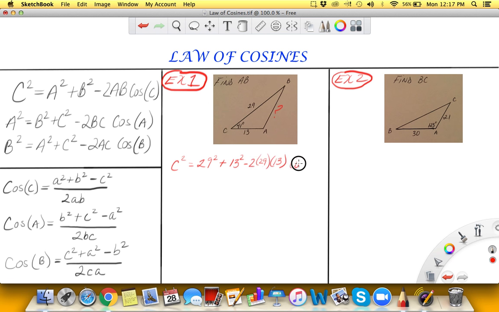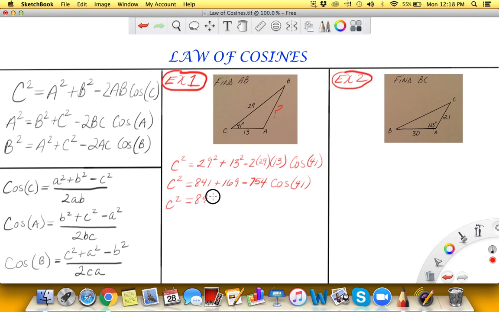Okay? Going back now, c squared equals 29 to the second power is actually equal to 841, and 13 squared is equal to 169. So minus, we're going to multiply 2 times 29 times 13, which gives us 754 times the cosine of 41 degrees. Then here, we're going to actually start putting this together.